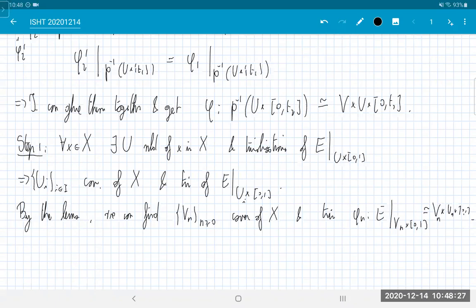Because as usual, you find this cover such that every element is a disjoint union of subsets of some U_i, and then you use the trivializations on the U_i to build this trivialization here.